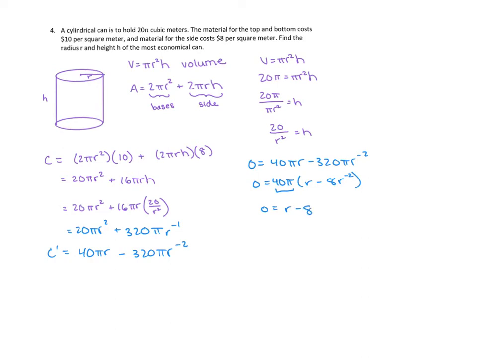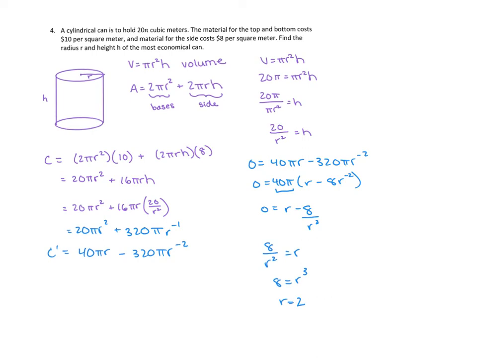Instead of 8r to the negative 2, I'd probably bump that back down, so 8 over r squared. If I solve this, I would move the 8 over r squared to the other side, and then clear the fraction by multiplying both sides by r squared. And r is the cube root of 8, which is a very nice number. It happens to be 2.